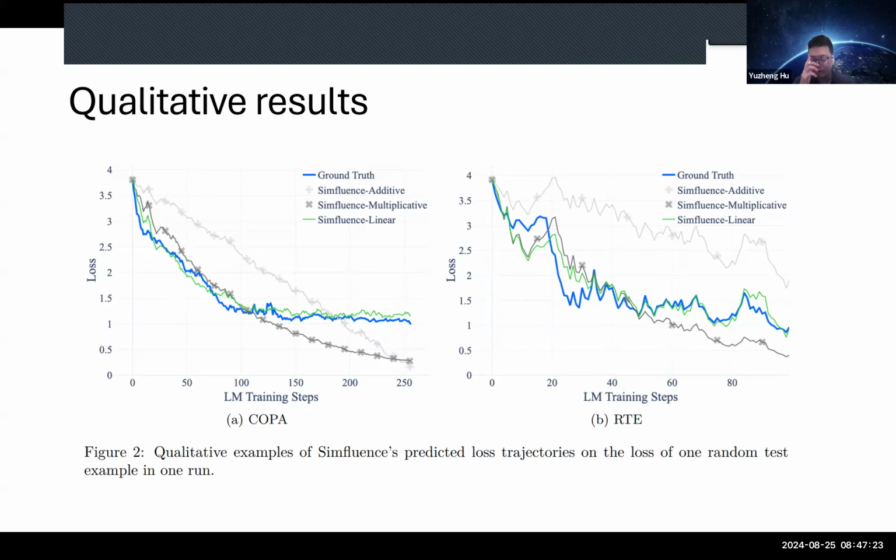So I think you really want to collect those pairs of losses that contain rich information. So this is the reason why they really need to perform a lot of training rounds.